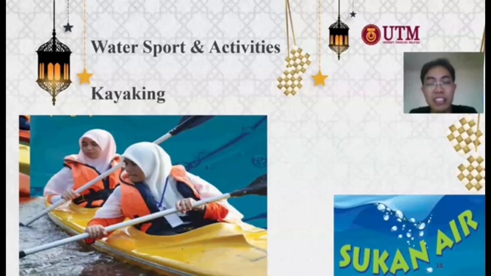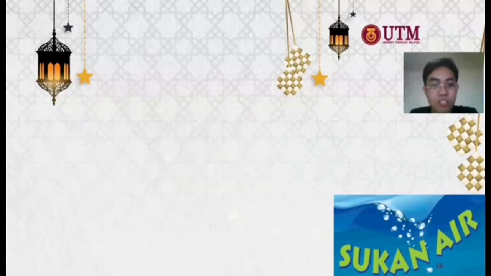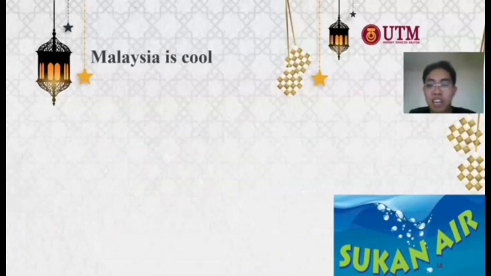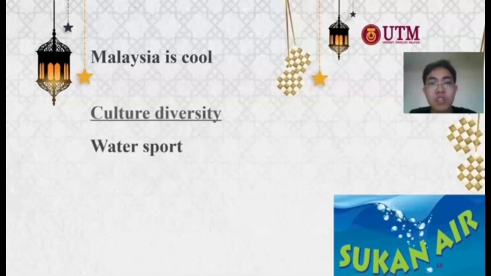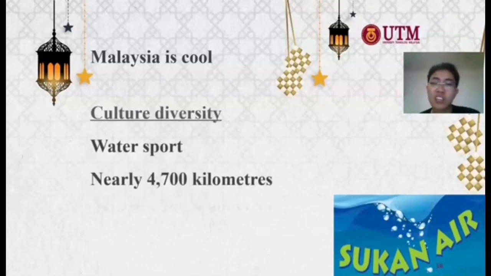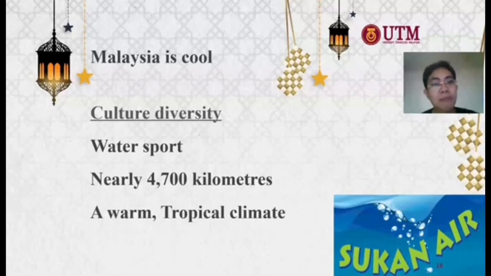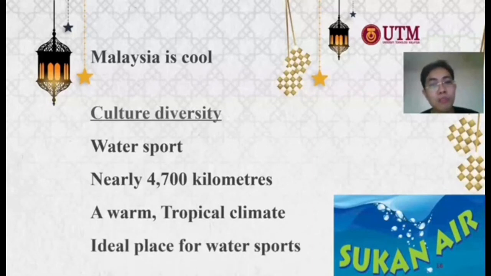So in summary, I think Malaysia not only has a great diversity in Islamic culture and religions, but it's also really cool in water sports. With a coastline of nearly 4,700 kilometers and a warm tropical climate, Malaysia is an ideal place for people who love water sports.